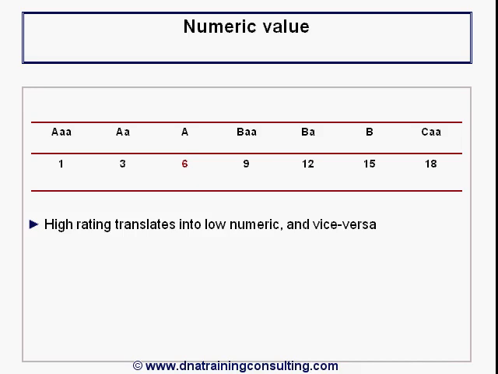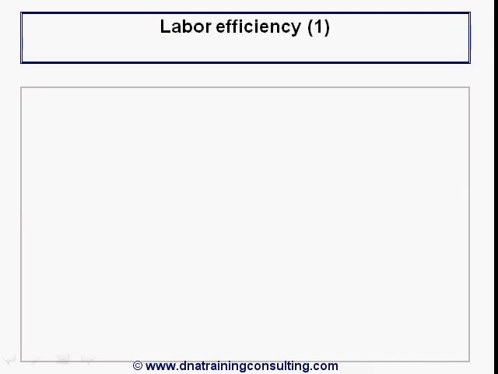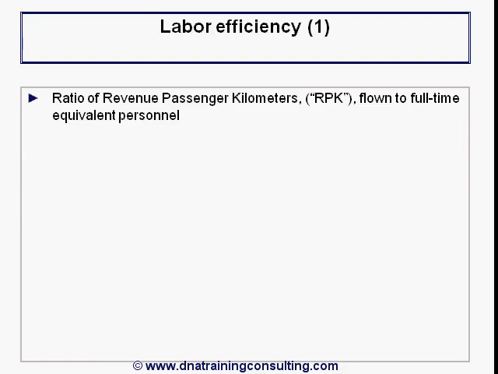Our remaining task before we proceed to this final calculation is to summarize the scoring methodology for each of the 10 remaining subfactors on our original list. Next on this list is the subfactor labor efficiency, for which Moody's specifies the ratio of revenue passenger kilometers, or RPK, flown to full-time equivalent personnel.